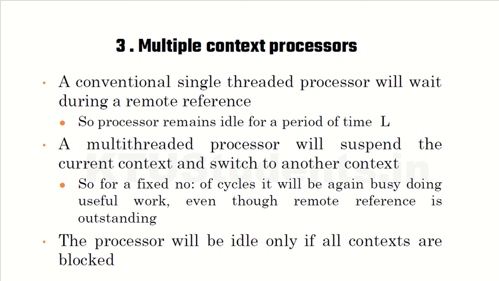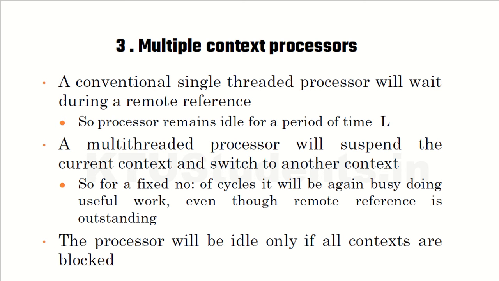So we know that. A multi-threaded processor can be used to suspend the current context and to switch to another context. And a processor having such an ability is called a multiple context processor. So for a fixed number of cycles, you can make the processor busy doing some work, so that the number of cycles where the processor remains idle can be significantly reduced.